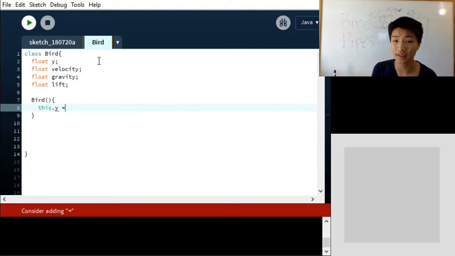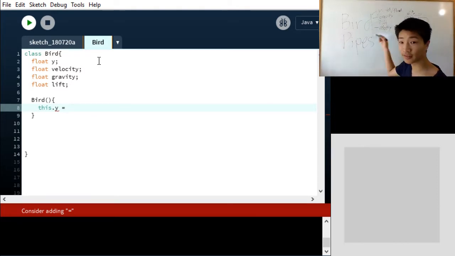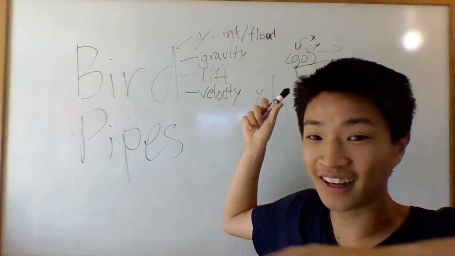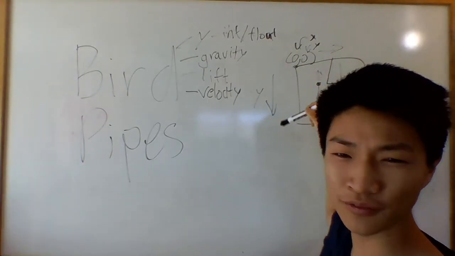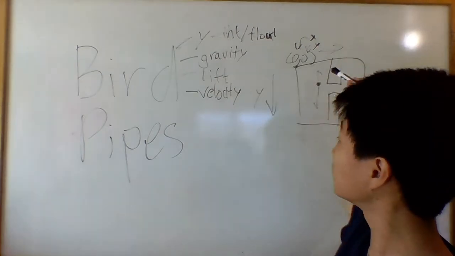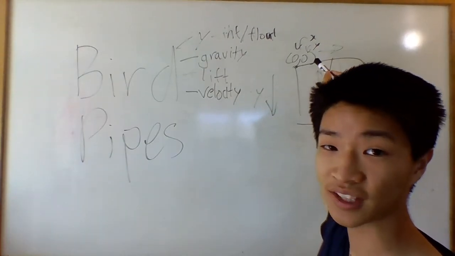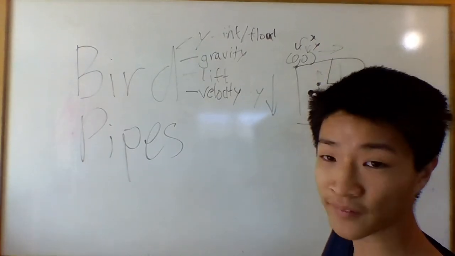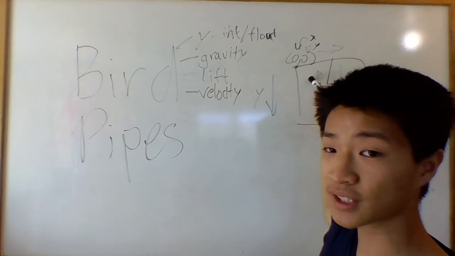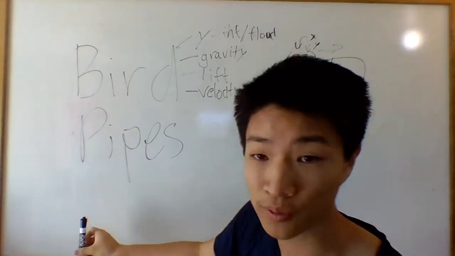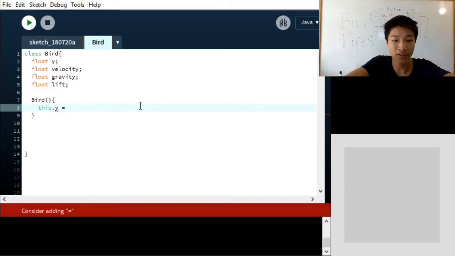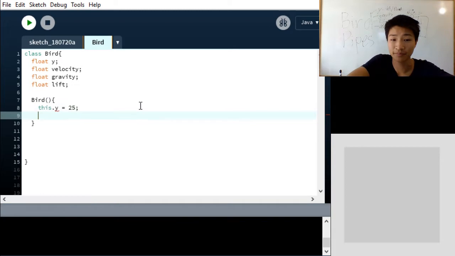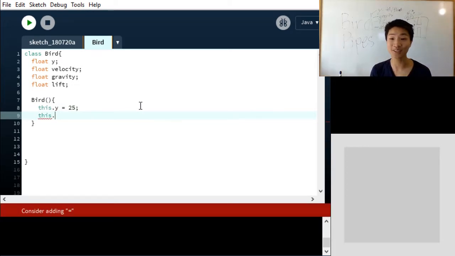So we're going to start at 25. Remember what the this dot keyword is.